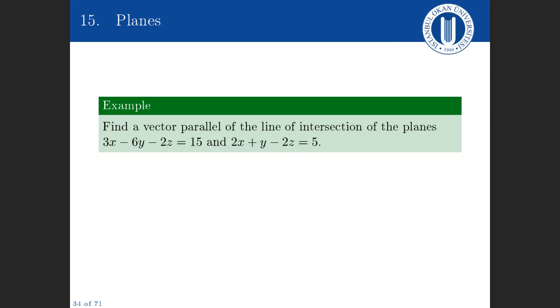Here's an example. Find a vector parallel to the line of intersection of the planes 3x minus 6y minus 2z is equal to 15 and 2x plus y minus 2z is equal to 5.